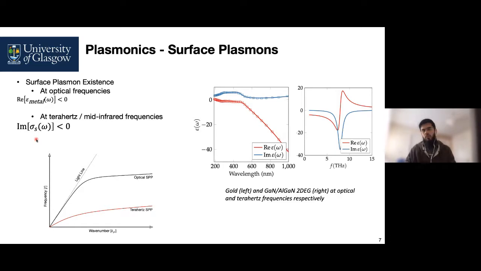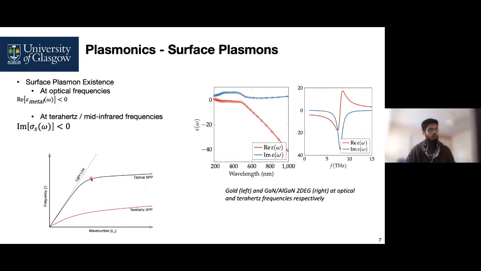Now, the operation or the quality of surface plasmons is determined by a figure which we see on the bottom left. This is commonly called the dispersion diagram. In the dispersion diagram, we see that the further the curve is away from the light line, the more subwavelength capabilities it has.